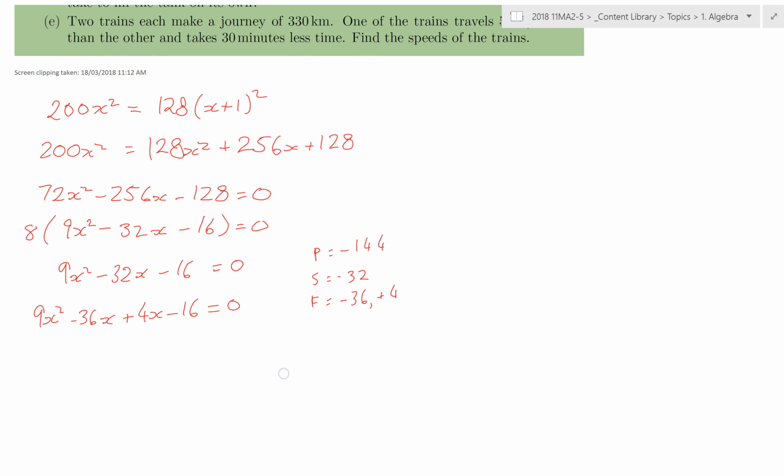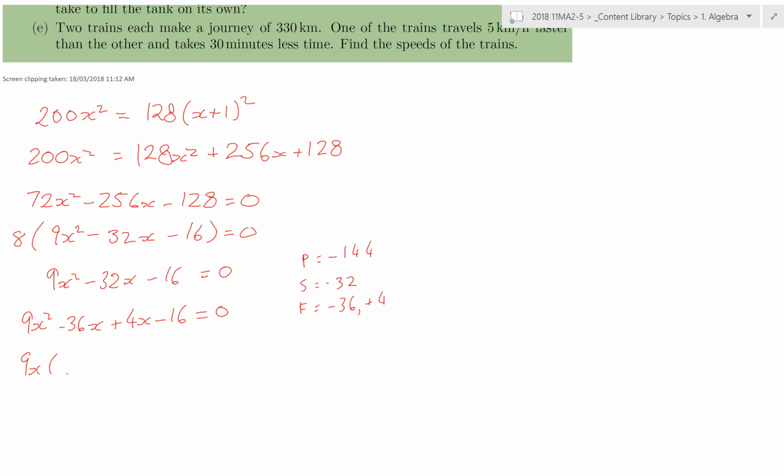Here we've got 9x outside of x minus 4 plus 4 outside of x minus 4 equals 0. I get 9x plus 4, x minus 4 equals 0. Now that tells me that either x equals minus 4 over 9 or x equals 4.